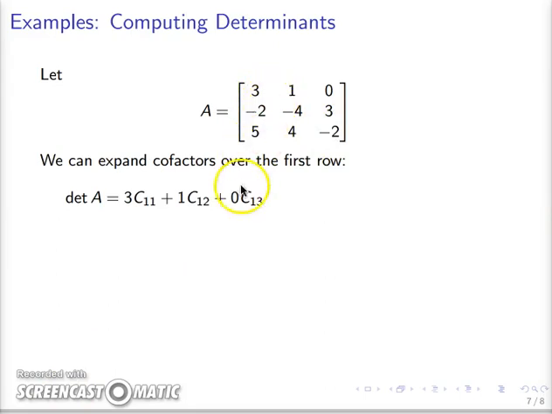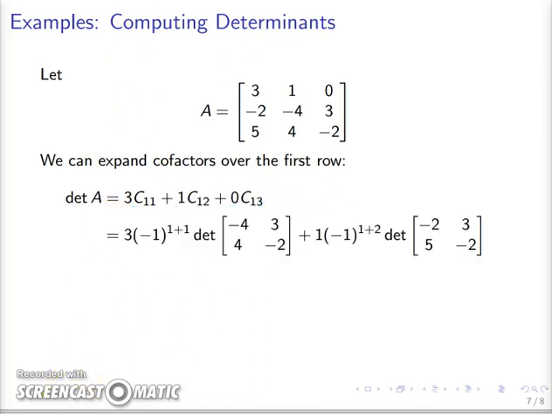In this example, we may choose to expand over row 1 using coefficients 3, 1, and 0. 3 multiplies cofactor 1, 1, 1 multiplies cofactor 1, 2, and there wouldn't be a need to compute the cofactor C1, 3. So this calculation leads to the following.